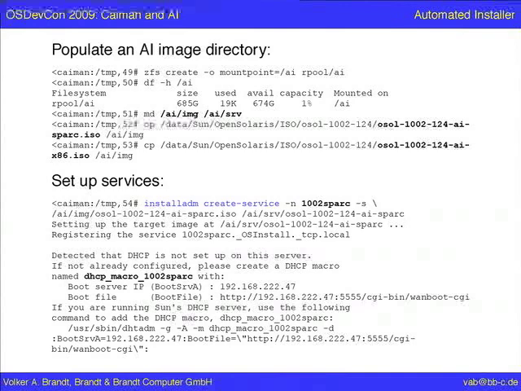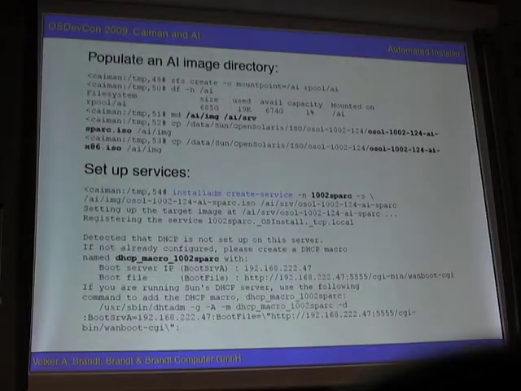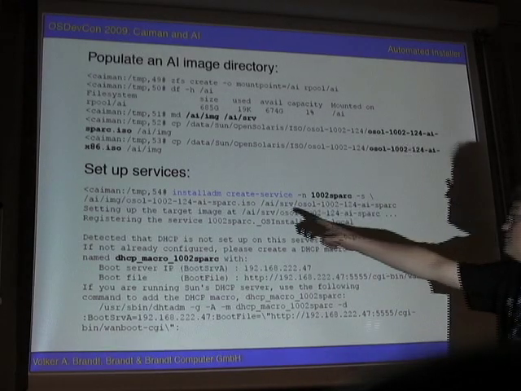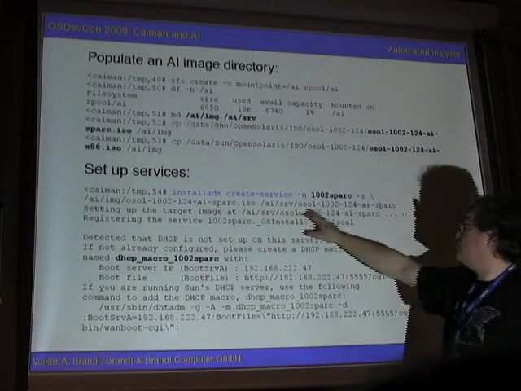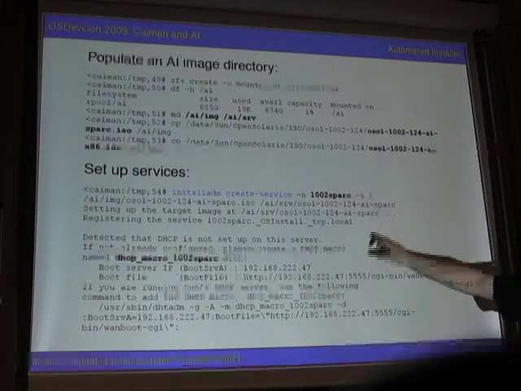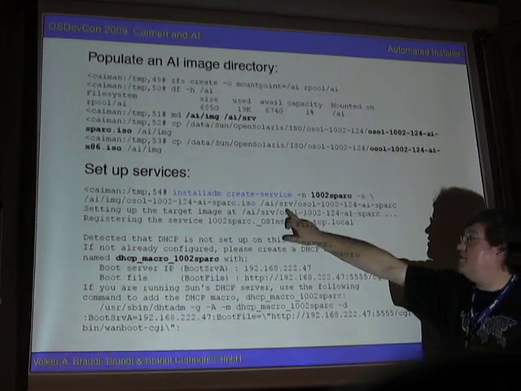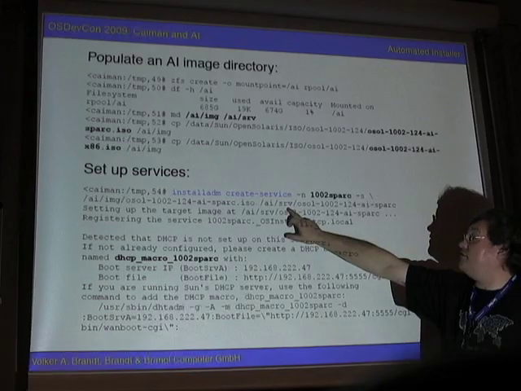Sun in its documentation uses 10.02, this being the next version, February 2010 of OpenSolaris, and then an architecture abbreviation, SPARC, but you could basically call it my first service or our little farm or whatever you like. And then you have to tell it where the image is, then you have to give it the base directory for the service, which as you might be able to see, is in this service directory there.